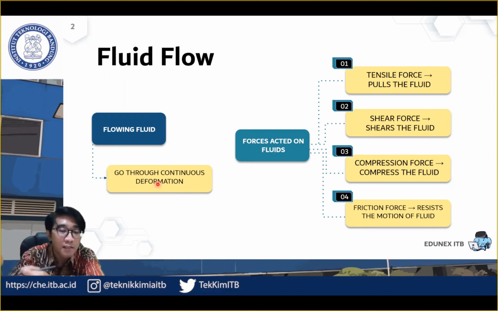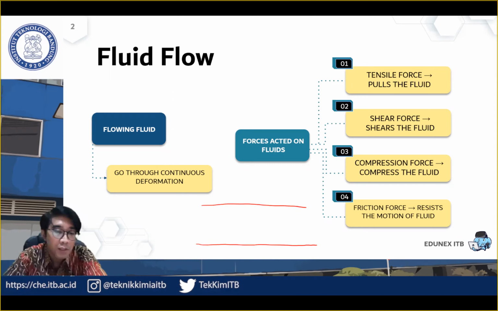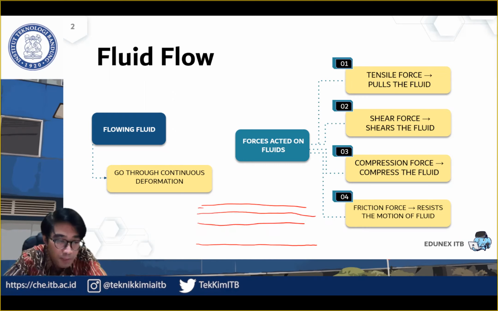Yeah, why can it change its shape? Please remember again. You can consider water, for example. You can imagine water consists of several layers.